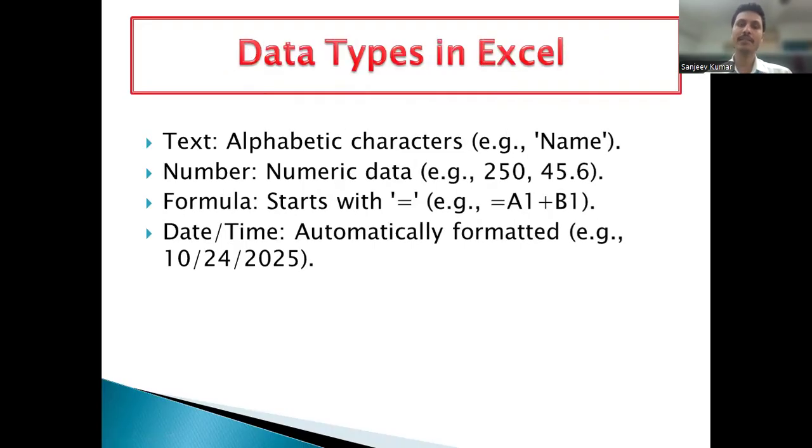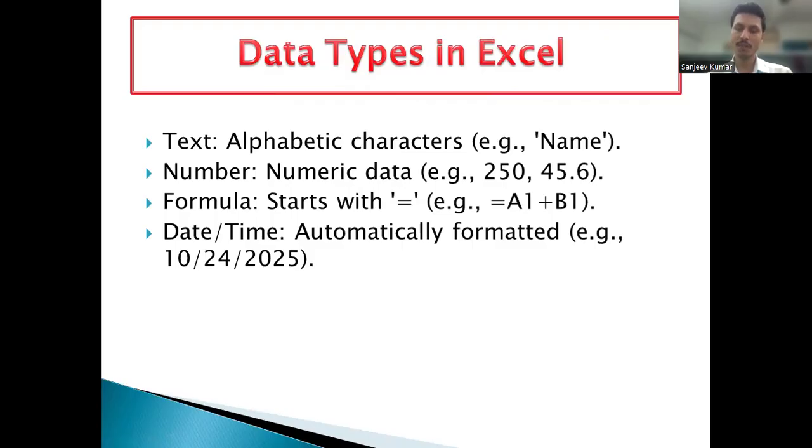If you are adding two cells and performing a mathematical calculation, for example addition or subtraction, suppose A1 and B1 and you want to perform addition, then you write equal to. A formula starts with the equal sign, you should not forget.